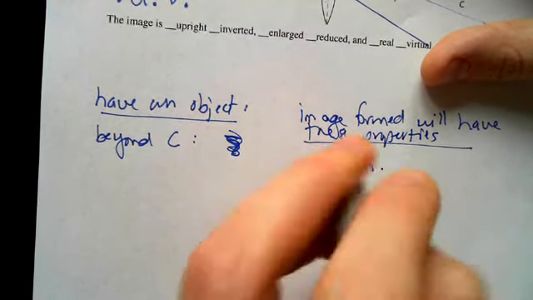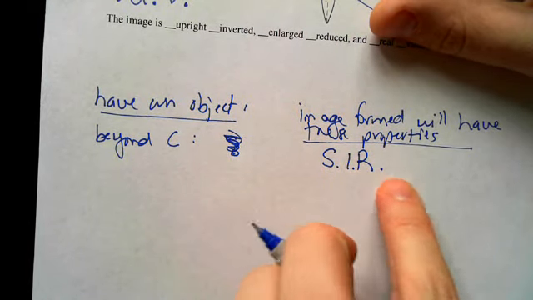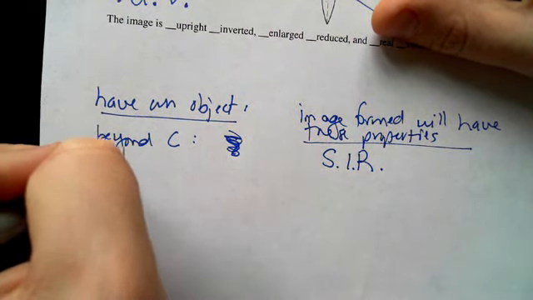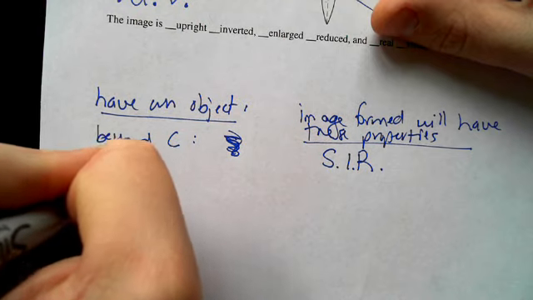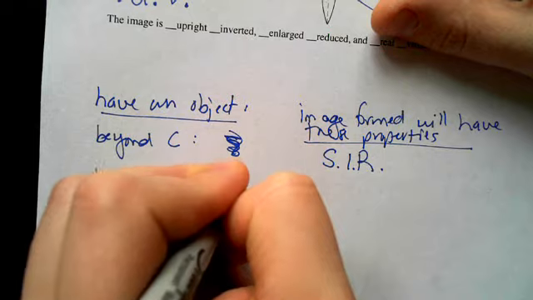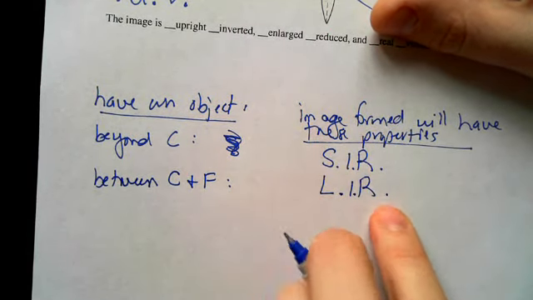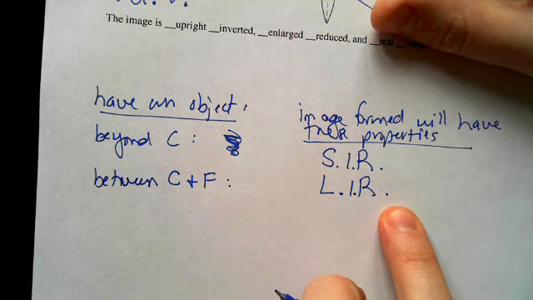SIR, S-I-R, smaller, inverted, and real. If it's between your center of curvature and your focal point, it's LIR, larger, inverted, and real.